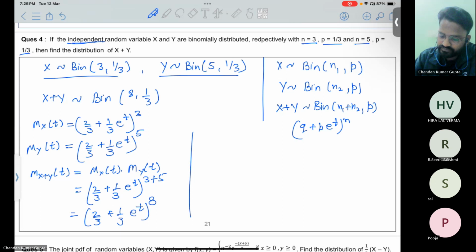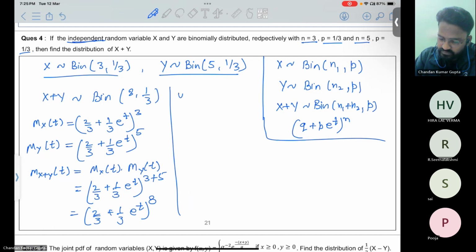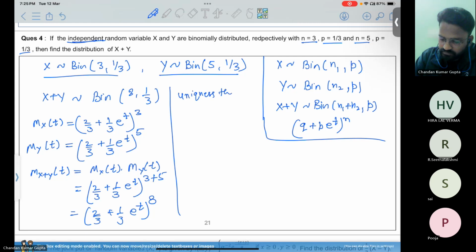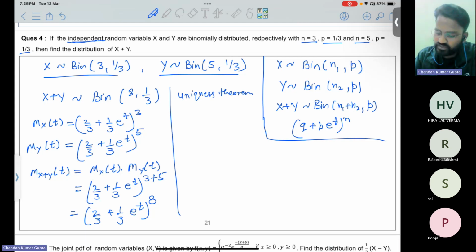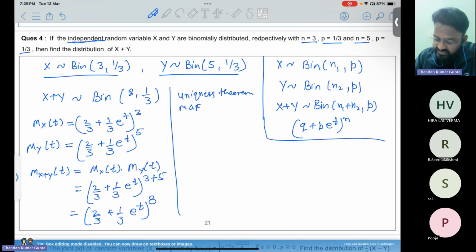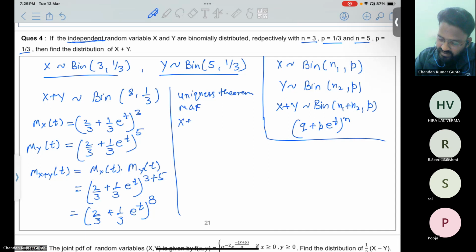Now, the uniqueness theorem of MGF says this is nothing but X plus Y follows a binomial distribution with parameters 8 and 1 by 3.